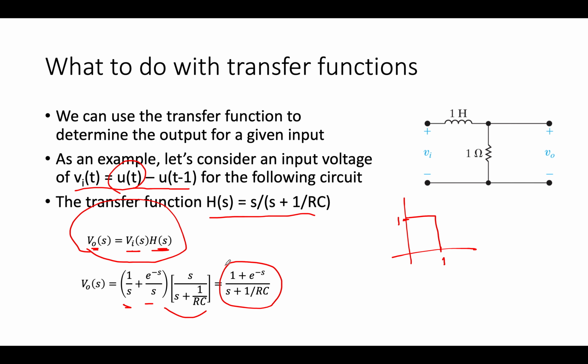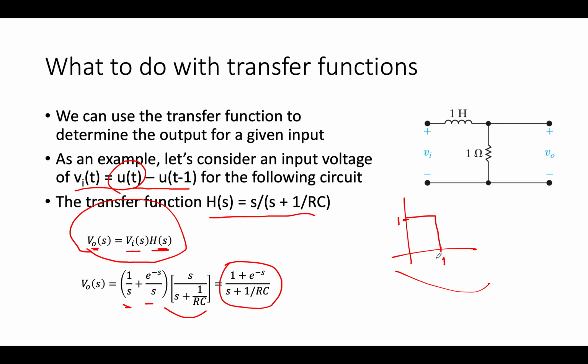So basically what that does is allow you a way to use this input that in circuits 1 you would have had to model by putting a source here, turning it on by closing a switch and then opening a switch. In the Laplace domain, we're just going to input a square pulse.